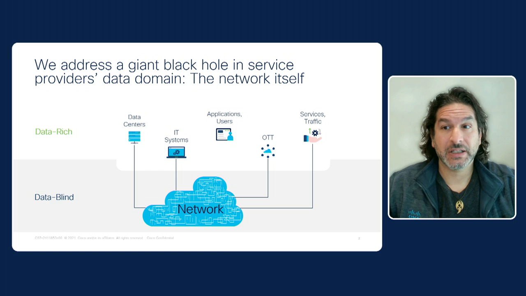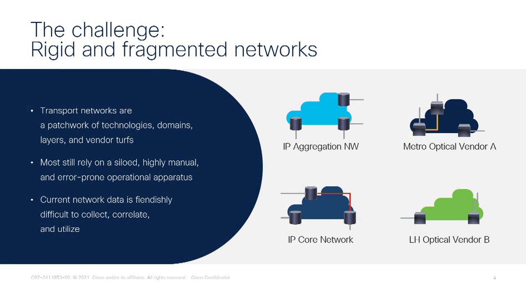But there's still a significant problem that has been historically very difficult for service providers to manage. And it is simply this. You might not always be thinking about it, but in order to connect two routers that are separated by a large distance, a number of things have to occur. Obviously, cabling has to happen.